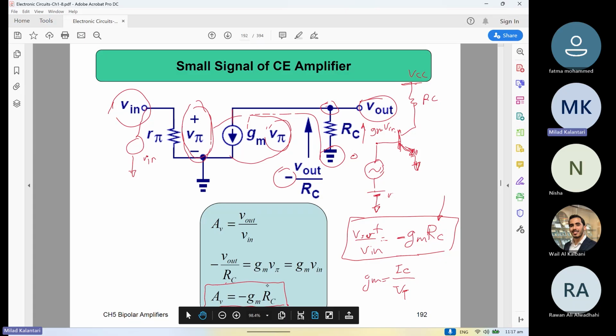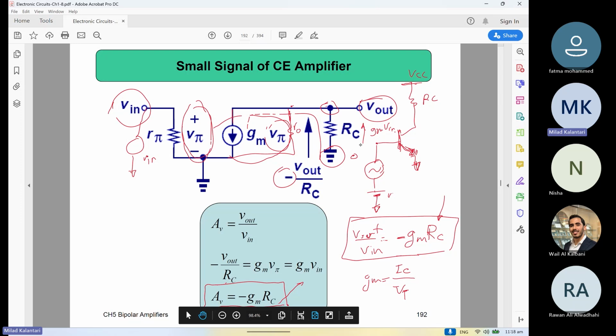If you want to increase the voltage gain, this equation says that you can increase the RC to infinity, and you should get infinite gain, basically, if you just use this equation. But in practice, we see that the device itself has some output resistance, RO. This RO is part of the device, but initially we skipped it.